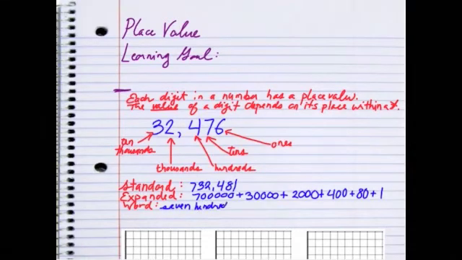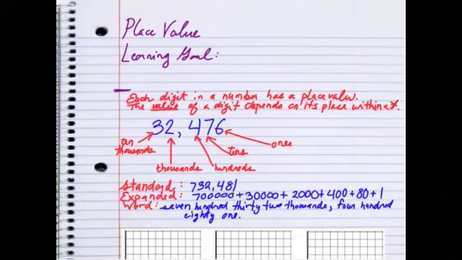730 2,000 or thousands, comma, 481. Notice how I did not write 481 or 481 without its proper titles.